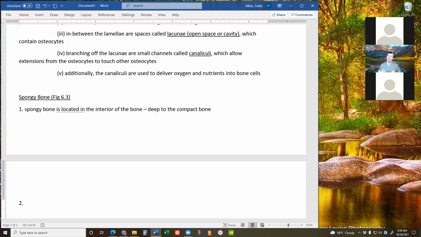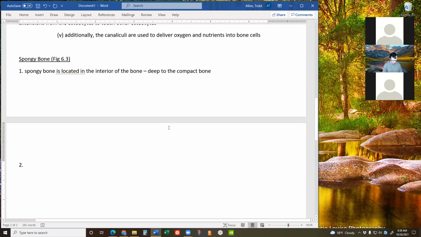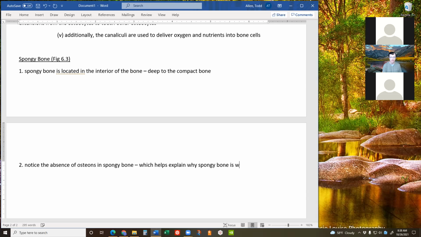So spongy bone does not contain osteons, and that goes a long way to explain why spongy bone tissue is weaker than compact bone.